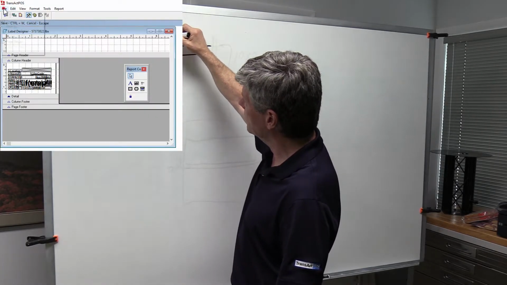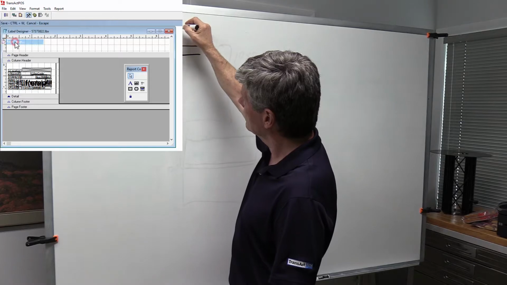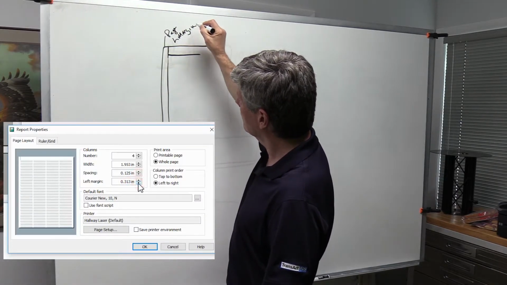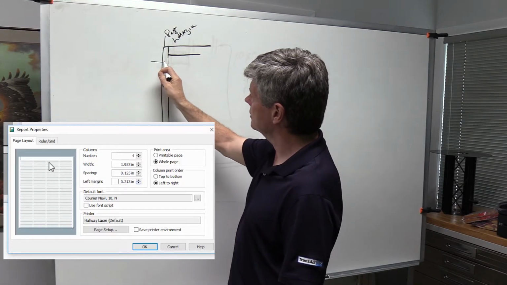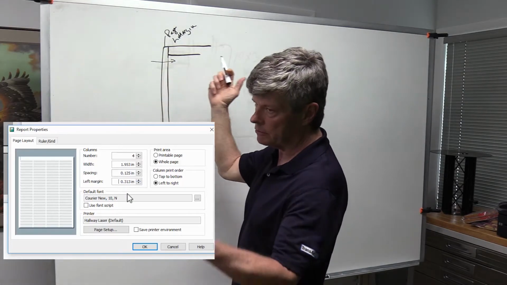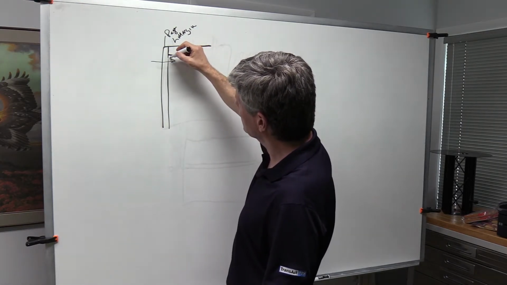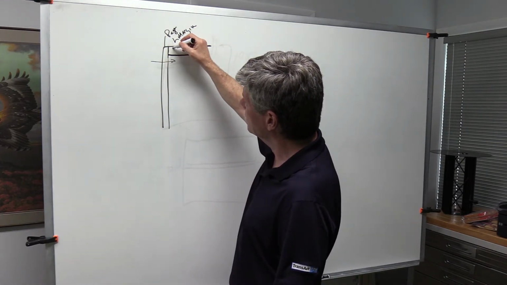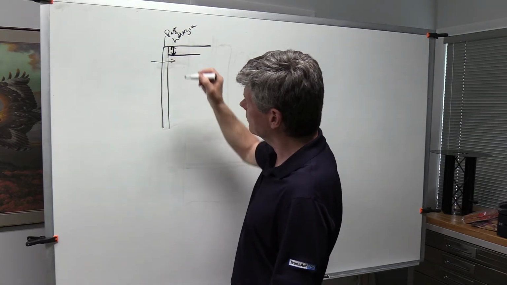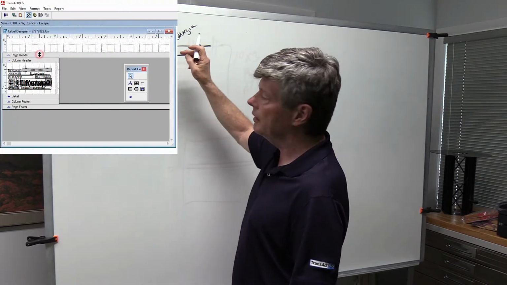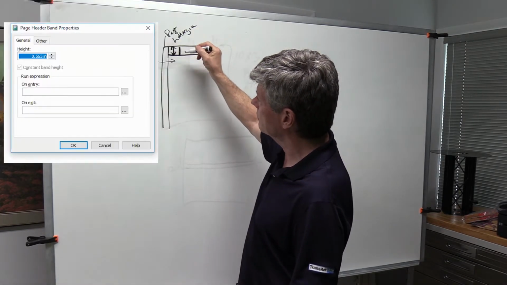If you go to the page setup, you'll find there's a left margin, and obviously you can adjust it, making it wider to push it to the right. Makes sense. And then if you find that this is too close to the top, there's a page header, and you can pull that down. Again, you can double click on that line and increase this height.